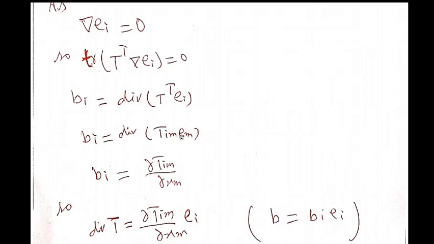So we take the divergence of this vector. If i is 1, then the component will be the divergence of T1m Em. There are three components: T11 E1 plus T12 E2 plus T13 E3.